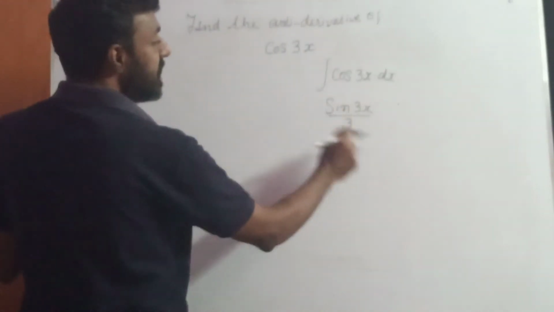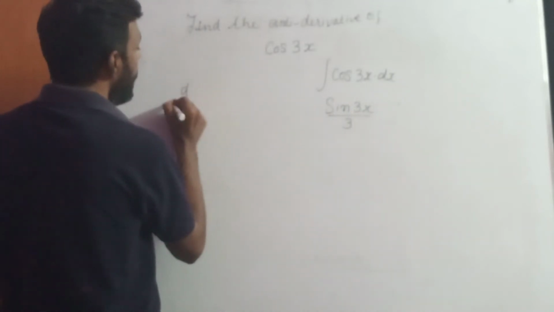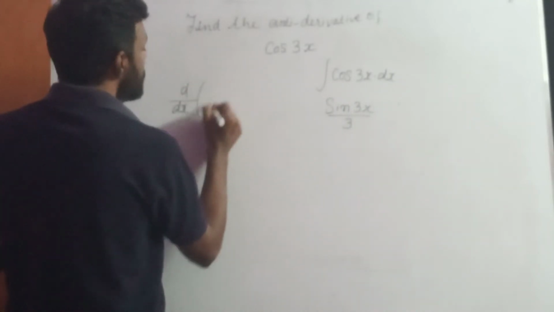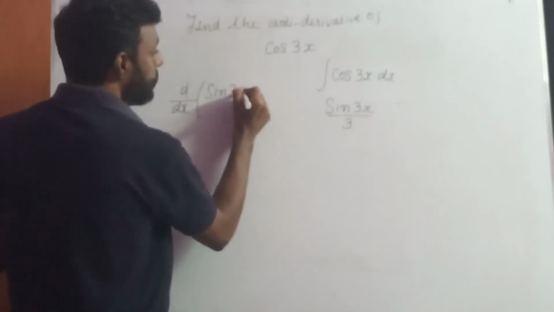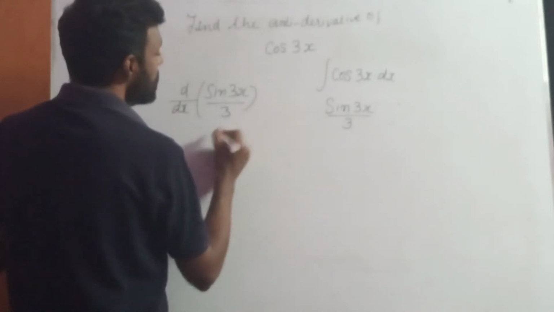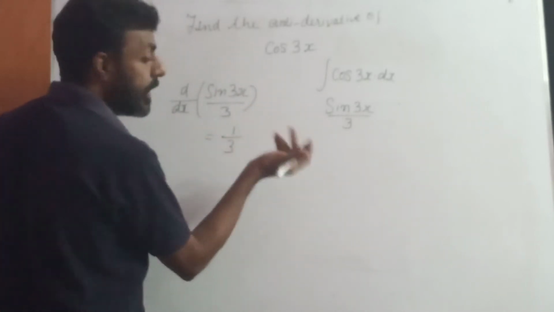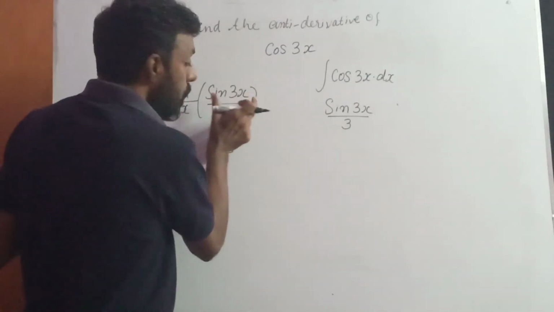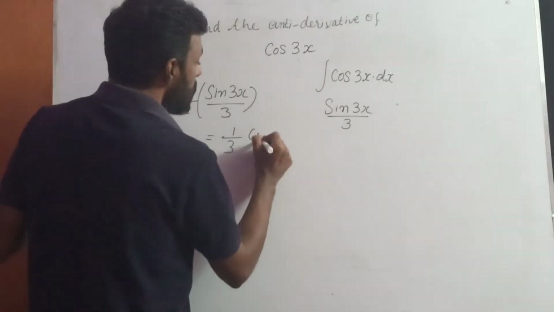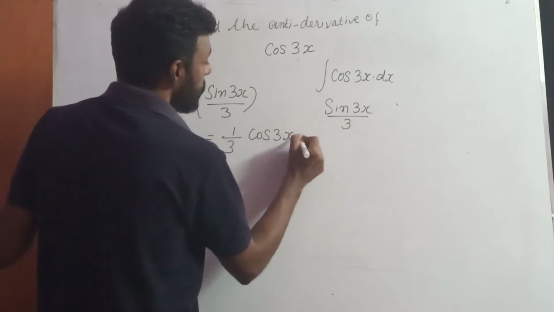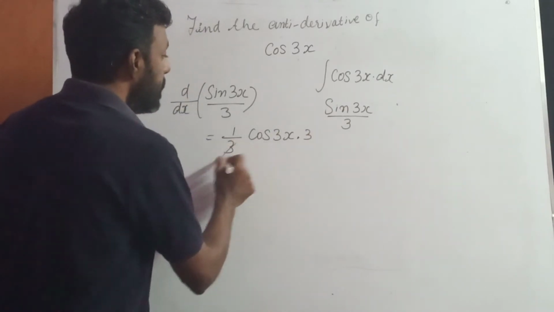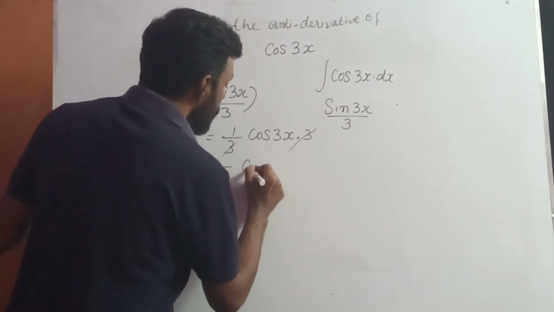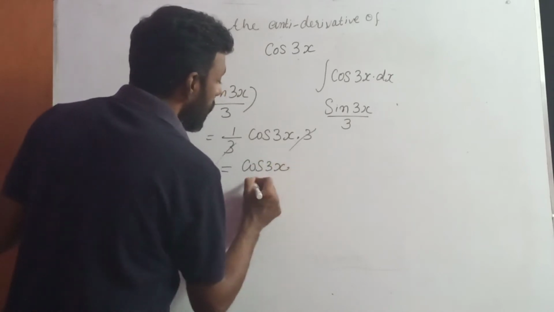So if I differentiate this integral result, d by dx of sine 3x divided by 3, I take the 1 by 3 outside. The derivative of sine 3x is cos 3x into 3. So 3 gets cancelled, and the resultant value is cos 3x, which is our question.